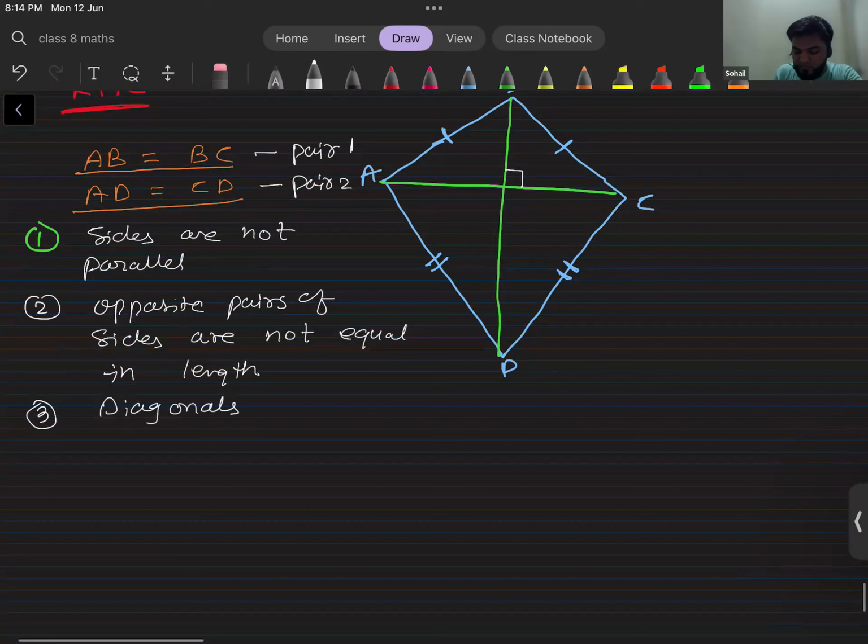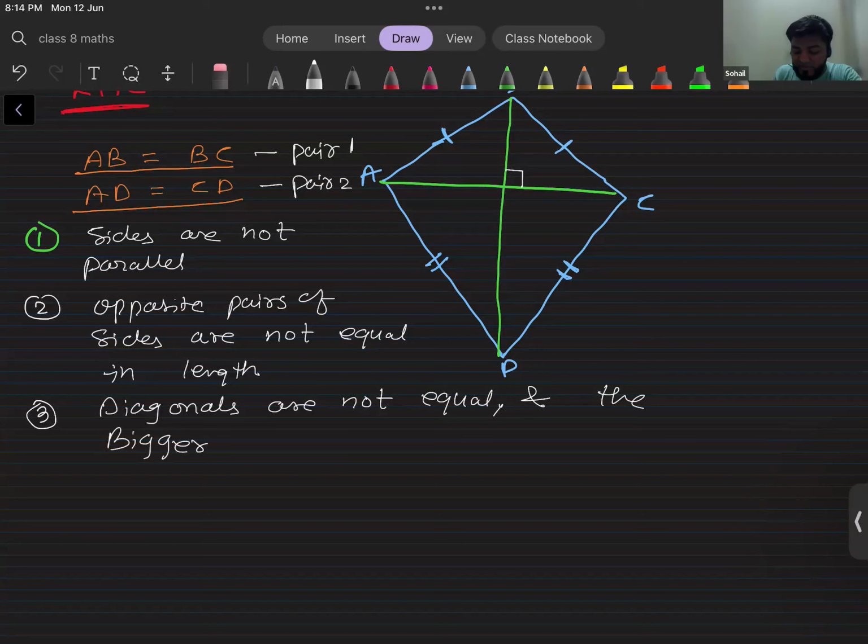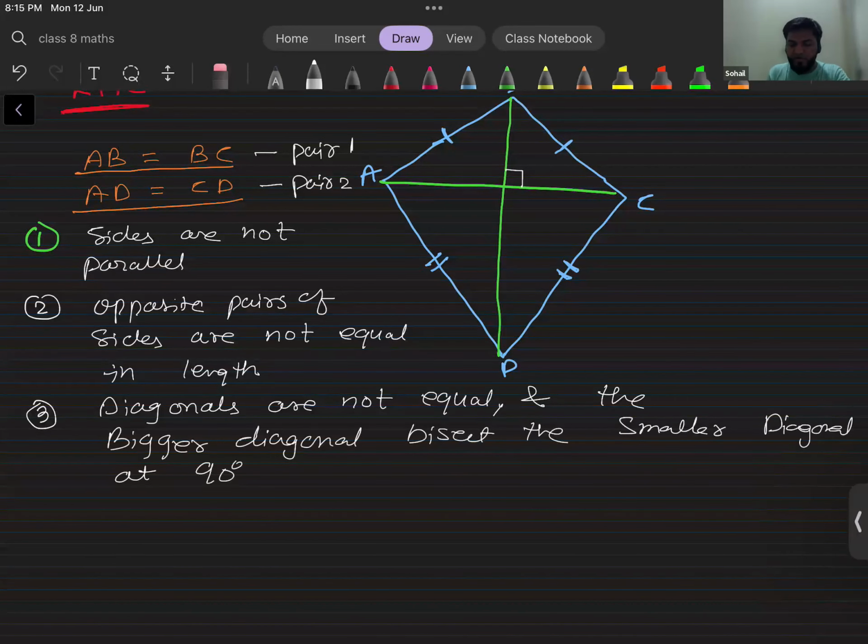Diagonals are not equal. And the bigger diagonal will bisect the smaller diagonal at 90 degrees. All right, guys.